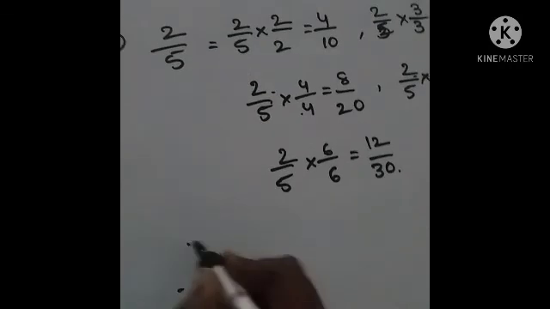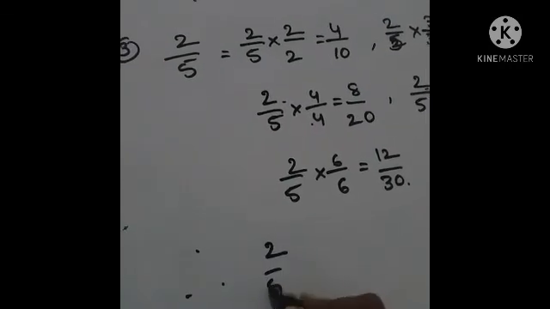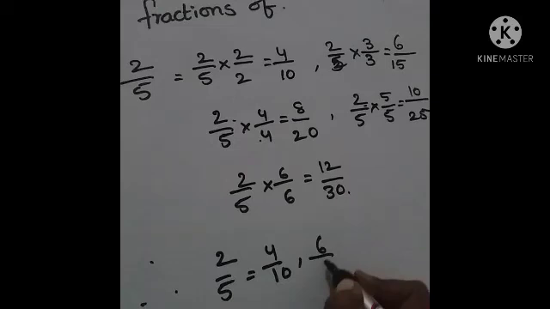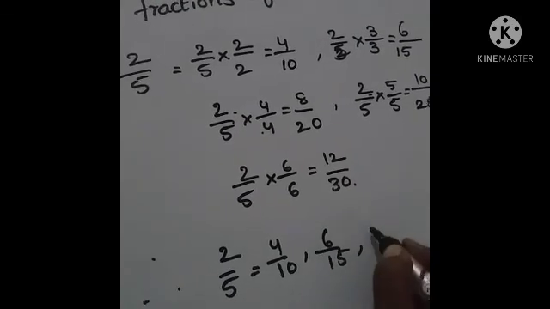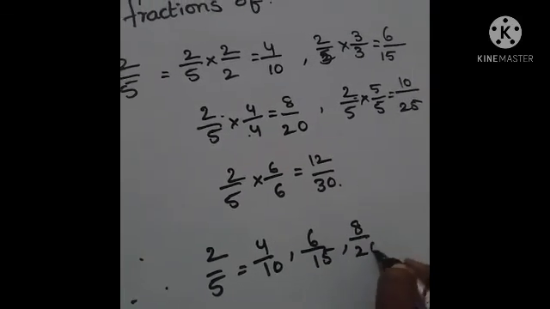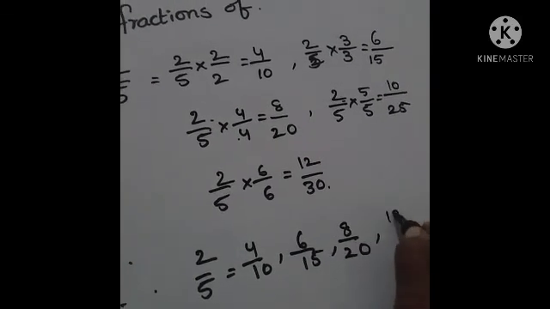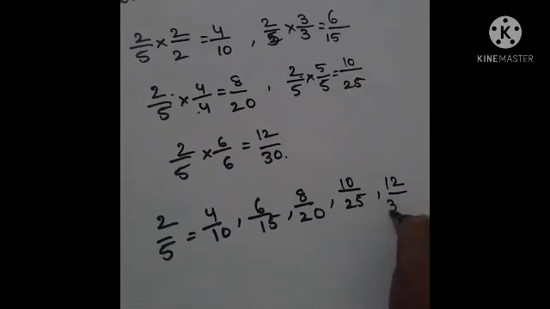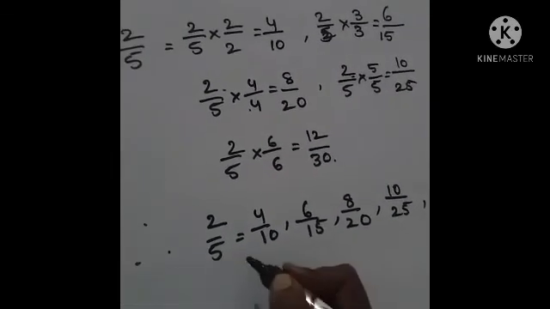So therefore the equivalent fractions of 2 by 5 are 4 by 10, 6 by 15, 8 by 20, 10 by 25, 12 by 30. Like this we have to find equivalent fractions.